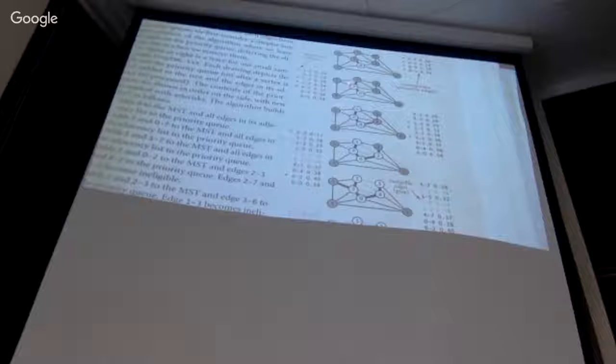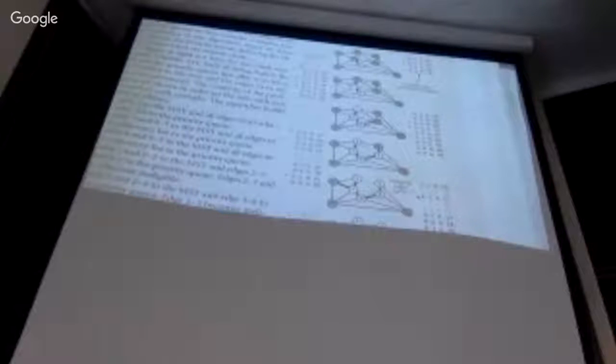Then I found that my top one was 1-7 with minimum weight. So I add that edge and node 1, and that disappears from my priority queue. So the current state of the minimum spanning tree is that these 3 nodes are in it. So, okay.